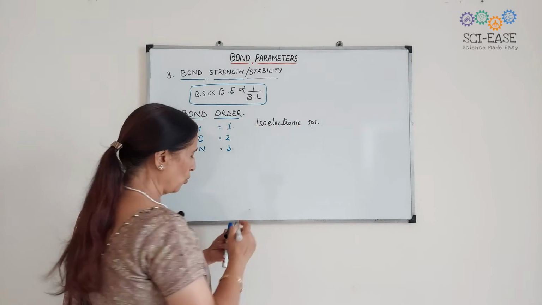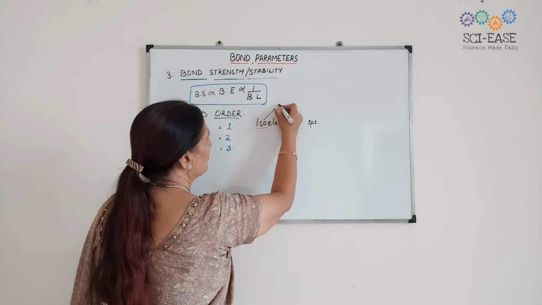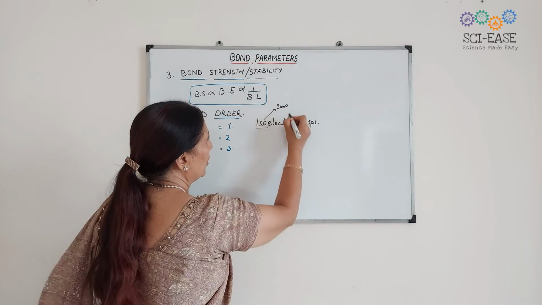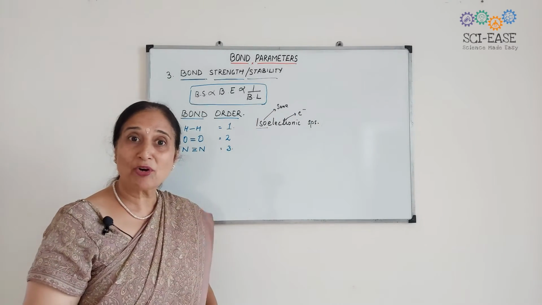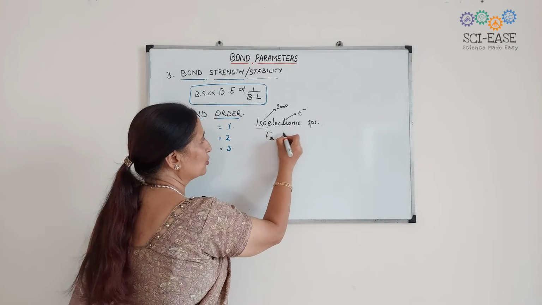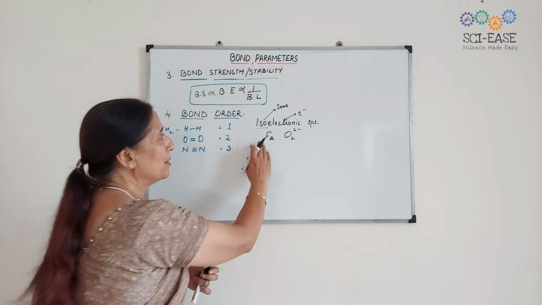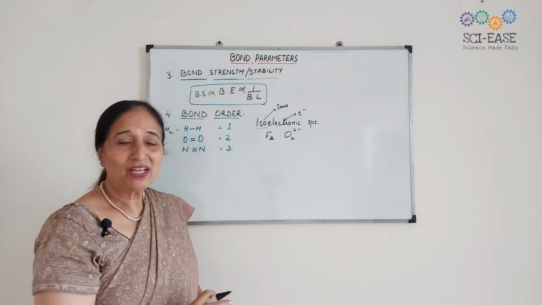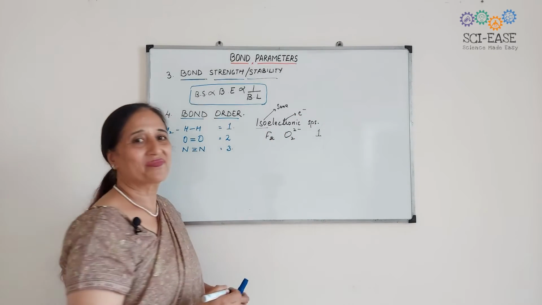Iso means same. And electronic means electrons, the number of electrons. So the species in which the number of electrons are the same. You take the case of this. Here the number of electrons are the same, so here the bond order is also the same.